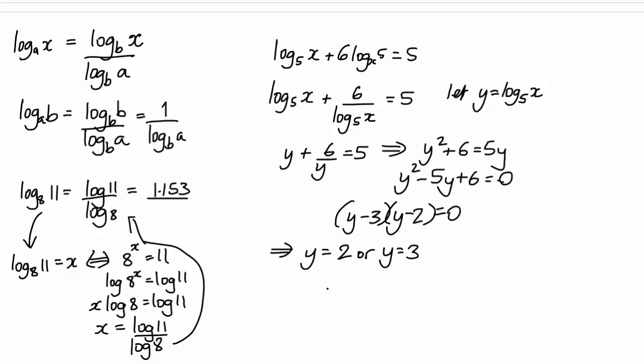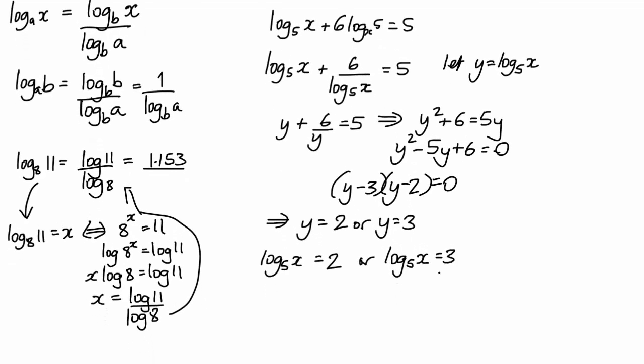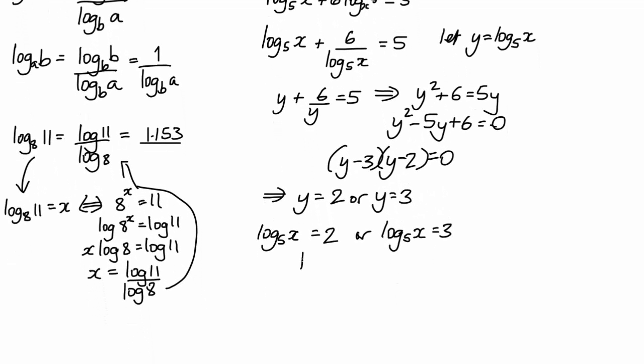If I now put back in what I'd substituted, log to the base 5 of x equals 2, or log to the base 5 of x equals 3. If I write that in exponential form, that's 5 to the power of 2 equals x, or 5 to the power of 3 equals x, which clearly means in this case x equals 25, or x equals 125.